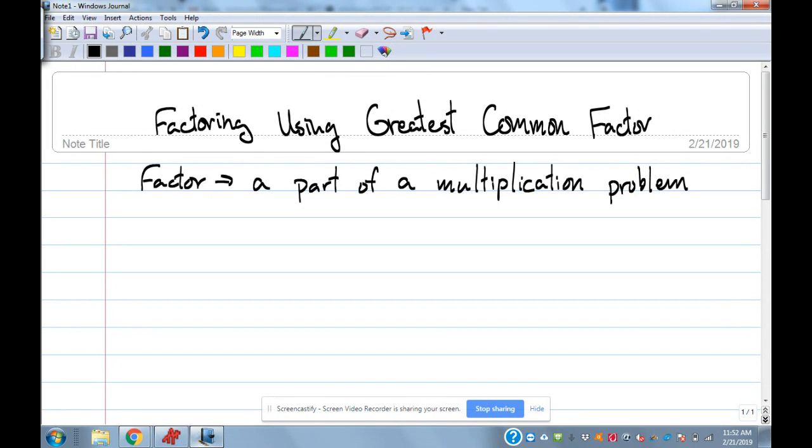So when we're doing factoring, if you know your multiplication tables, you're going to be a lot better at this than if you don't. If you don't know your multiplication tables, at least to the 12s, up to 12 times 12, you need to work on those. Get the app on your phone and just go through it 5 minutes a day. You'll have them memorized in a week.